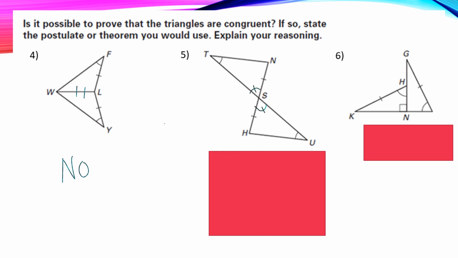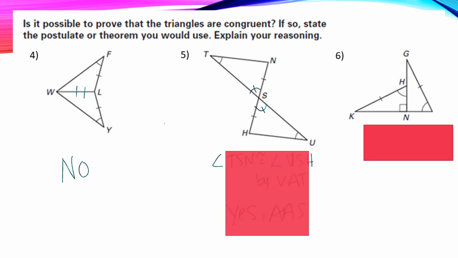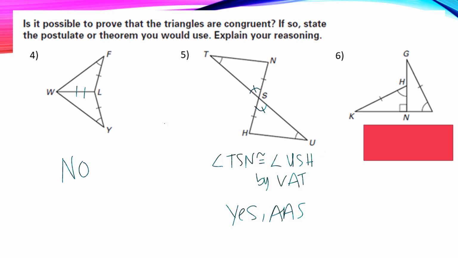So those are vertical angles, and then we have angle, angle, side, because the side is not included. And then number 6 is a little different, but we know that these two are 90 degrees here. So that being said, we have side, angle, angle, or angle, angle, side, which is a theorem. So those two are congruent as well.